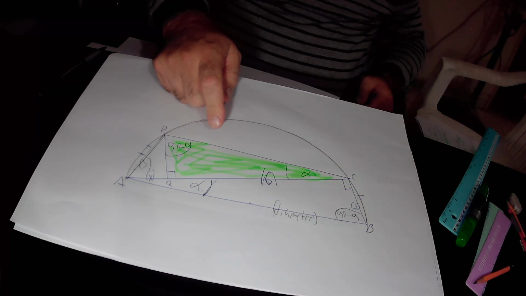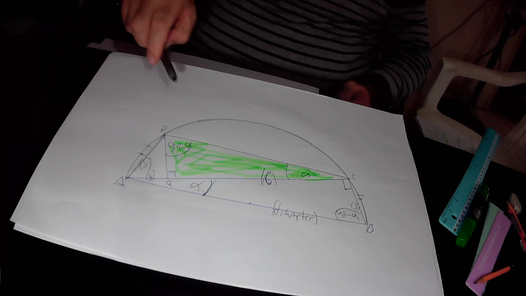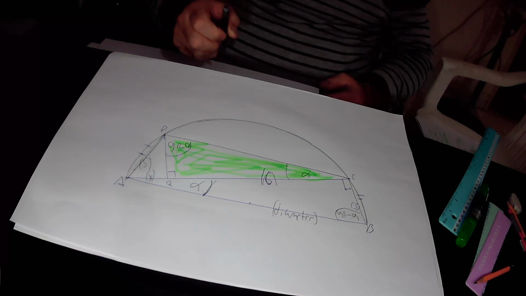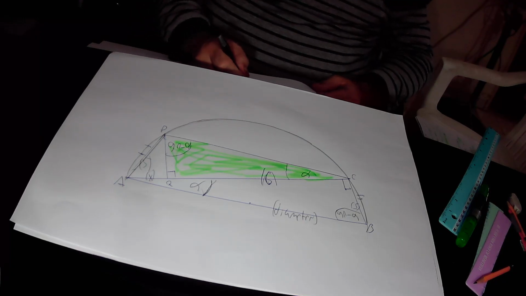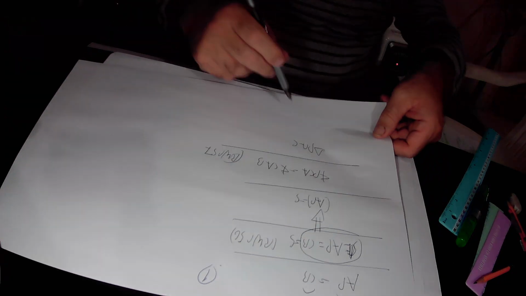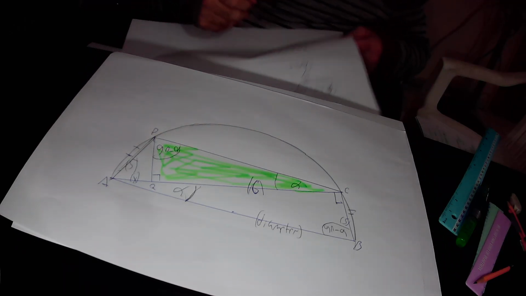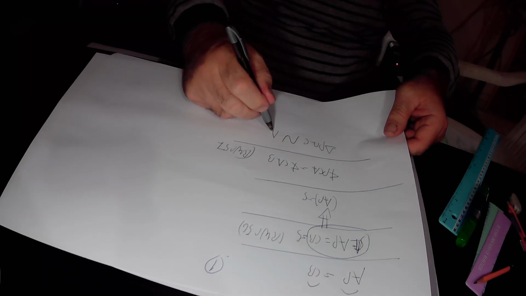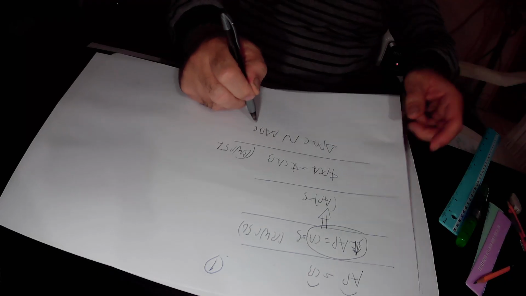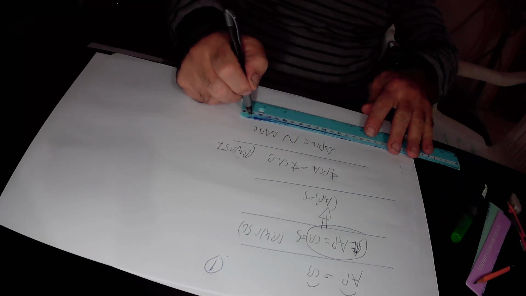So right now, we found out that the right green triangle PQC is similar to this right lower triangle ABC, according to the angle similarity rule.